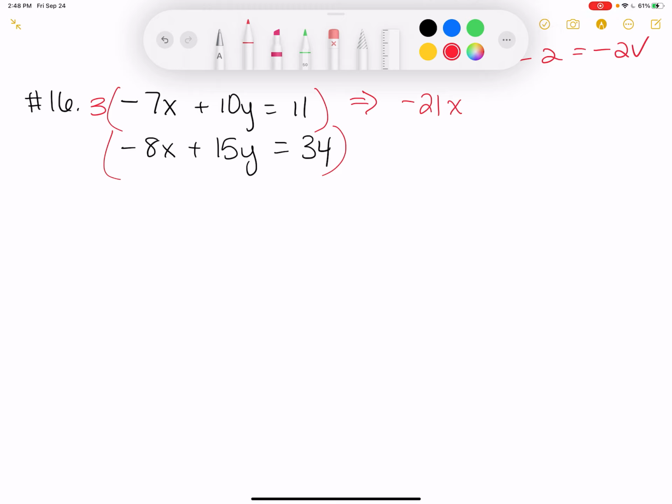If I did 3 across the top, then I get that. So 15 times what would give me, well, I need it to be negative, 2. So I can multiply this one by 2, but I need to do negative 2. So that's going to be 16x minus 30y is equal to negative 68.